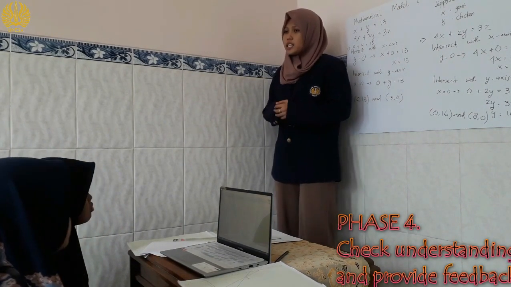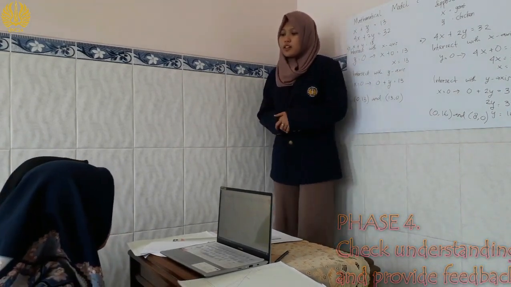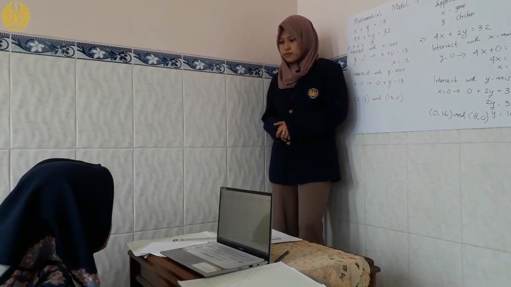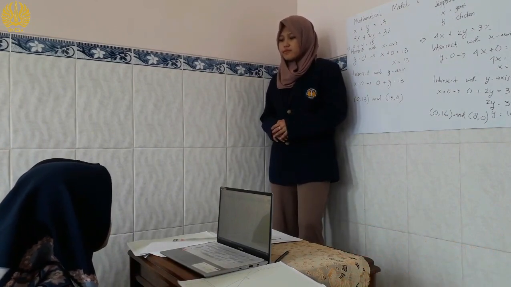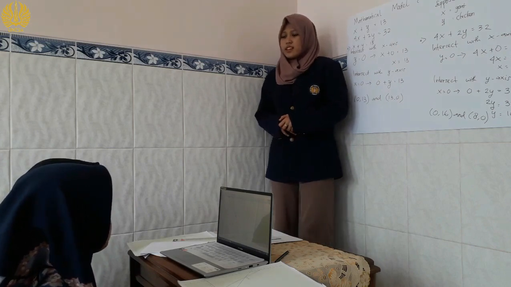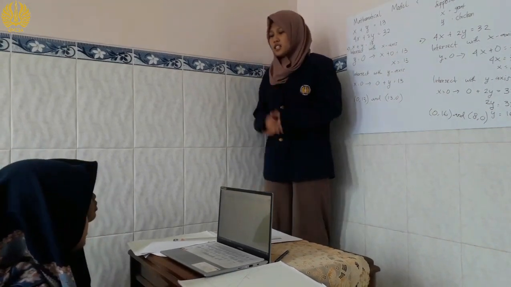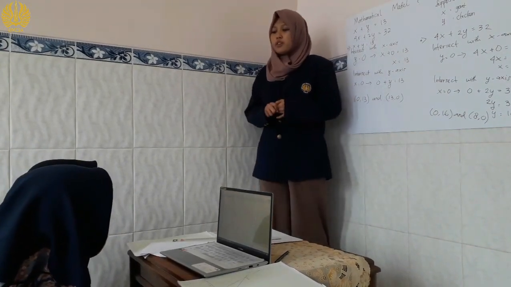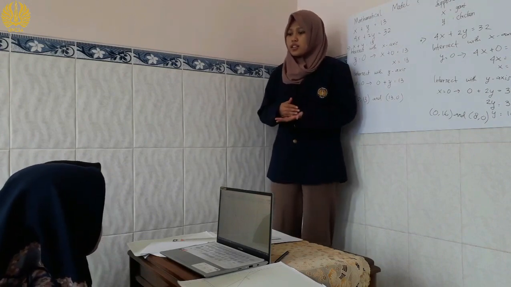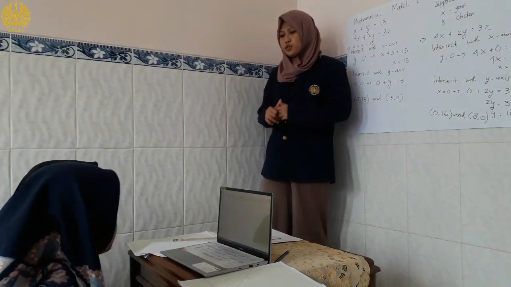How to solve the two-variable linear equation system using the graphical method? Find the mathematical model, intersect with the x-axis, and draw the graph. Oh, you missed one thing. We need to find the intersection with the y-axis before we draw the graph in the Cartesian diagram. Okay? But that's good.